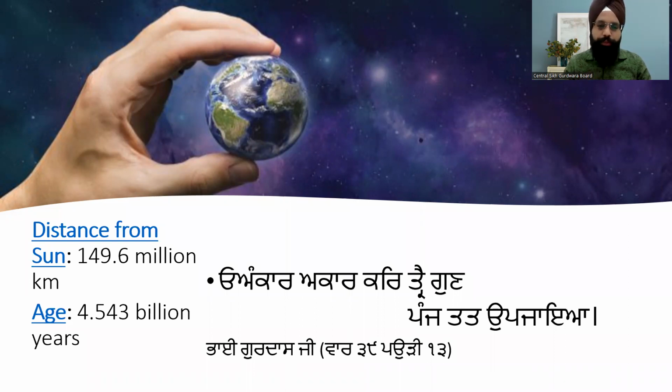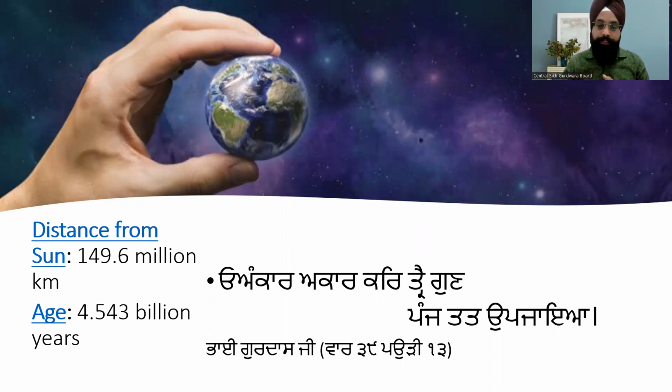Trigun are Rajogun, Tamogun, Satogun. Tamo is a lot like darkness, andhera, laziness. Rajo, a lot of other things are just running around. They are not still, they are just running.